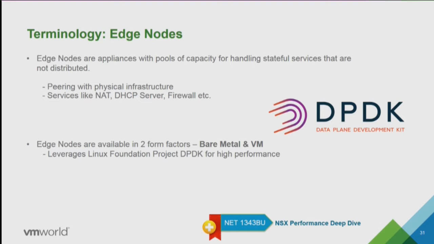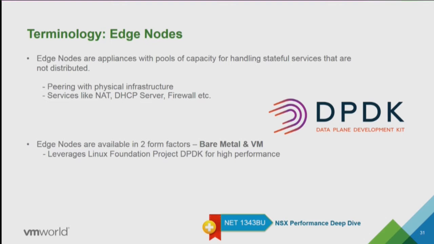We want the pairing with the physical infrastructure to happen somewhere on a centralized appliance. So the edge node is going to be the appliance where the service is going to be running. Any other service which we have not distributed today will also be residing on the edge node. So you can have NAT, DHCP server, edge firewall, etc., which will be hosted on these pools of capacity, which we call edge node.